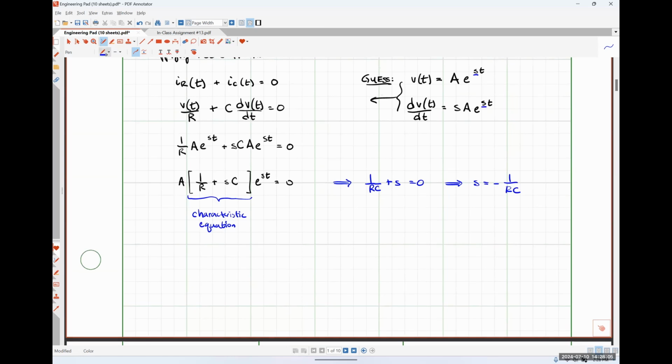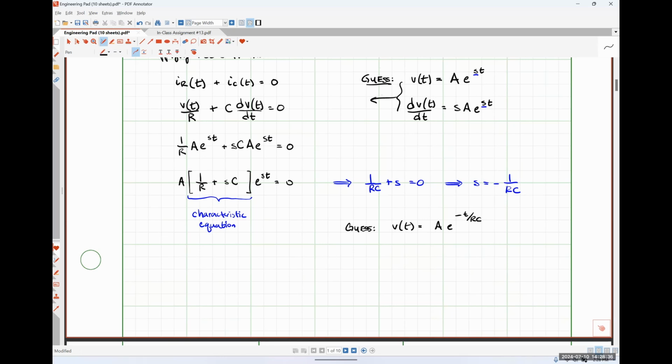So our guess value is now going to be updated to say that v of t is equal to A e to the negative t divided by RC. So that 1 over RC is effectively telling us what our rate of decay is.